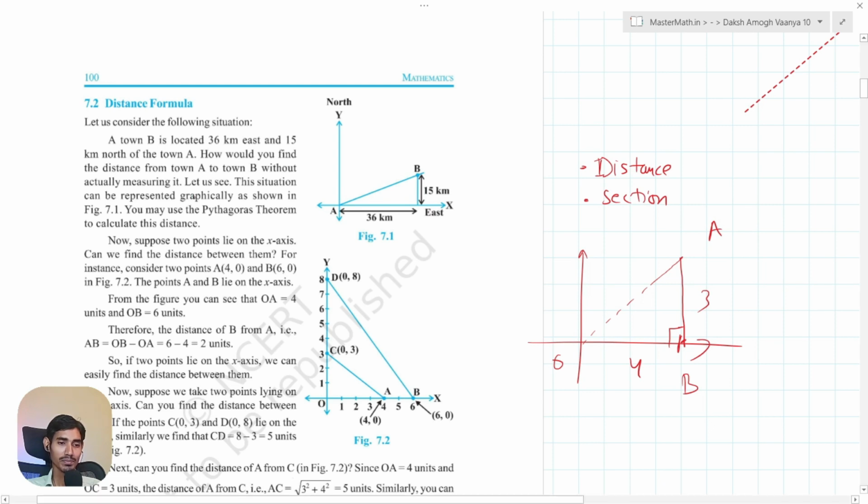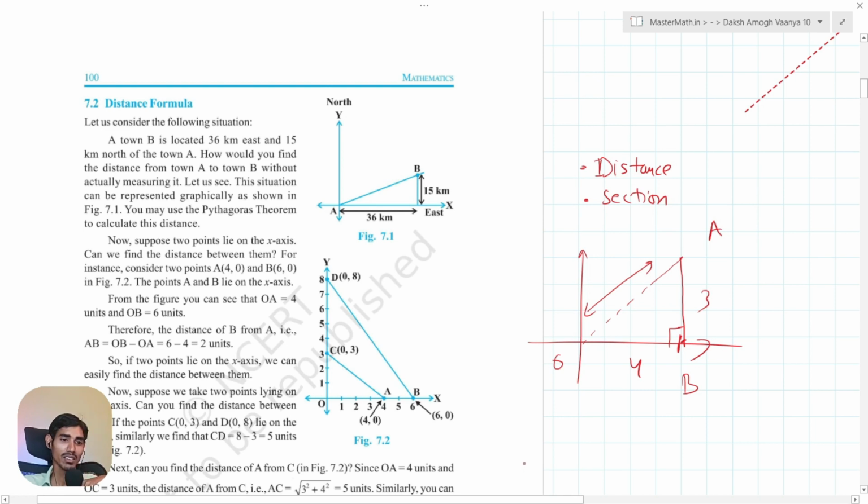Yes, sir. By using the distance formula. No, we have not yet reached there. How to find it? Okay, hint. Daksh, you're saying something. By comparing the x and y coordinates. I am asking what is the distance of O to A? What will you compare? There is nothing to compare here.